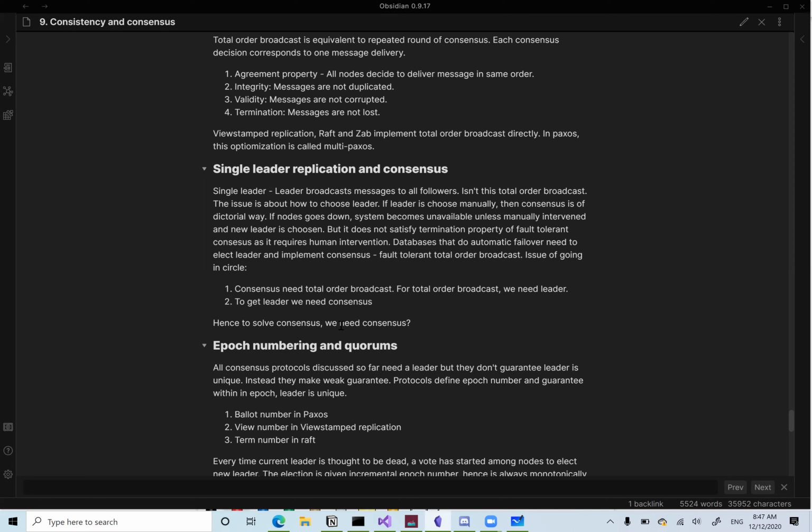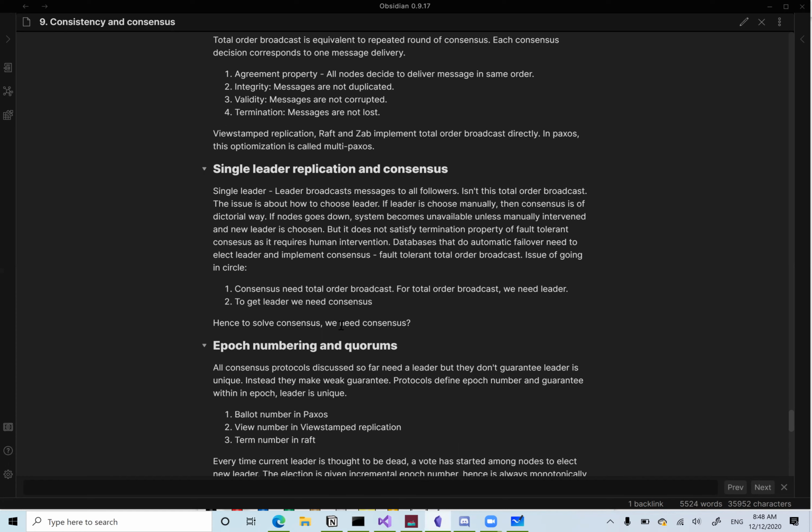Even if other nodes might not have agreed, overall as a system we have said that we don't need your majority, we are choosing in a dictatorship way, and the dictatorship is the manual administrator. Whoever is the administrator says that this node is a leader, then this node will be the leader and it will take all the decisions, right? And because it will take all the decisions, all the nodes will now agree and listen to its value and come to one conclusion.